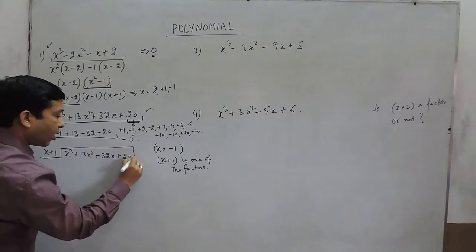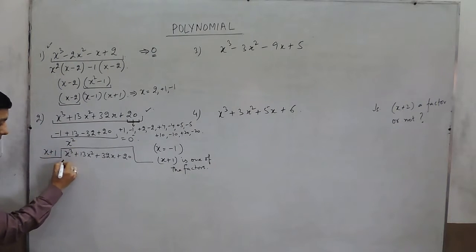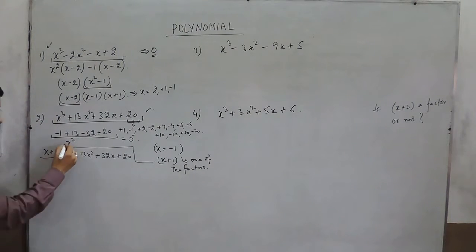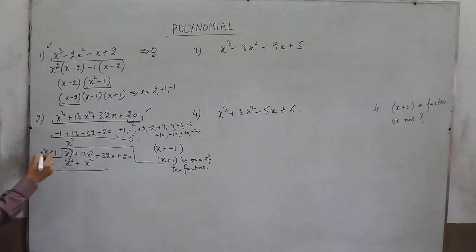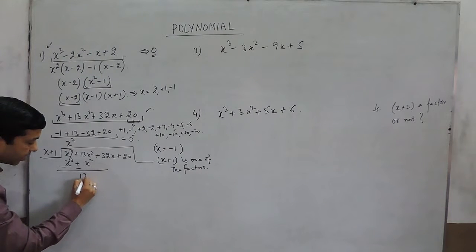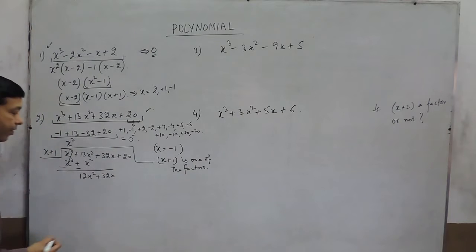So when I am dividing the whole equation by x plus 1, x square multiplied by x gives us x cube, and this is plus x square. Subtracting, these can be cancelled out. Here it is 12x square plus 32x.